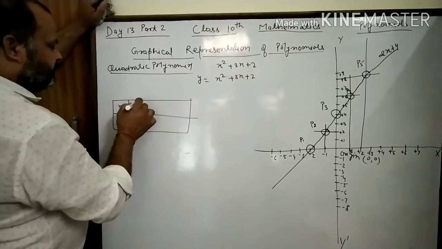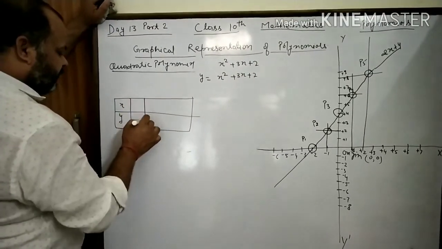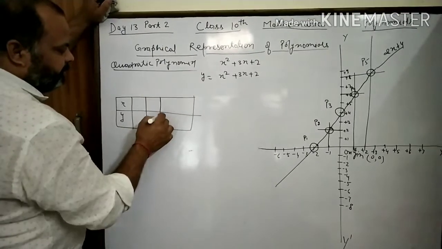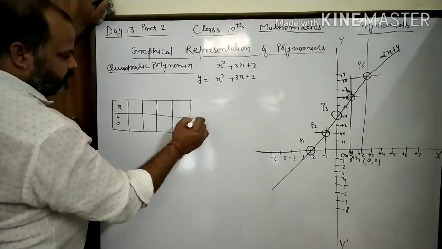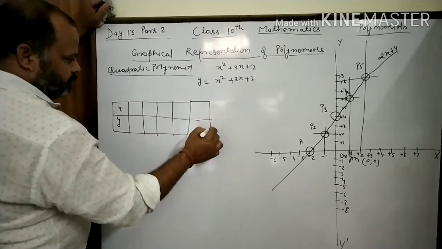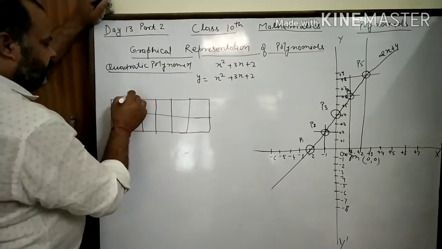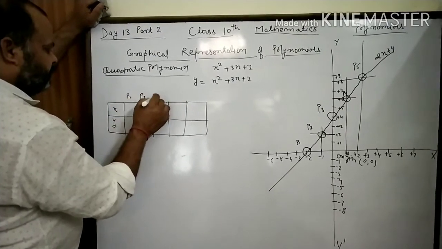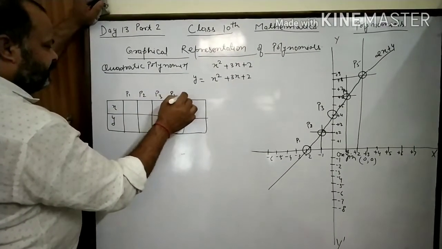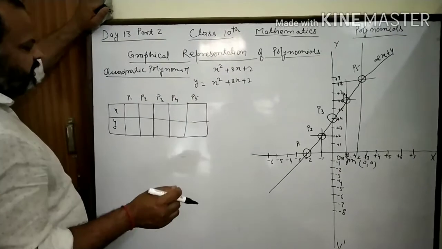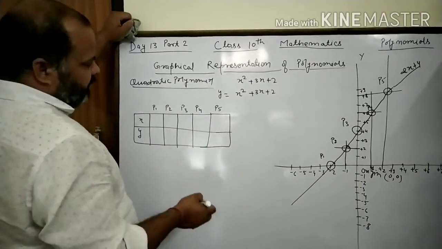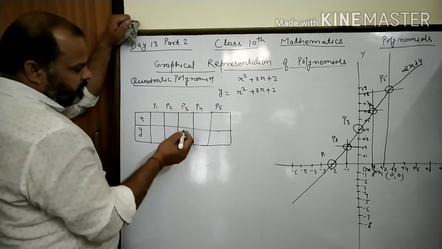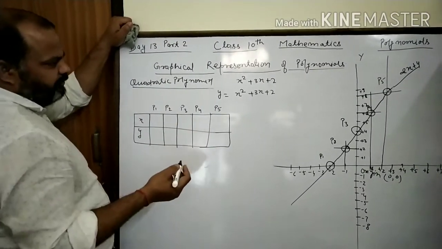Here x is the independent variable and y is the dependent variable. See, it is P1, P2, P3, P4, P5. You require only a few points. We discuss maximum, then according to your convenience you can proceed.